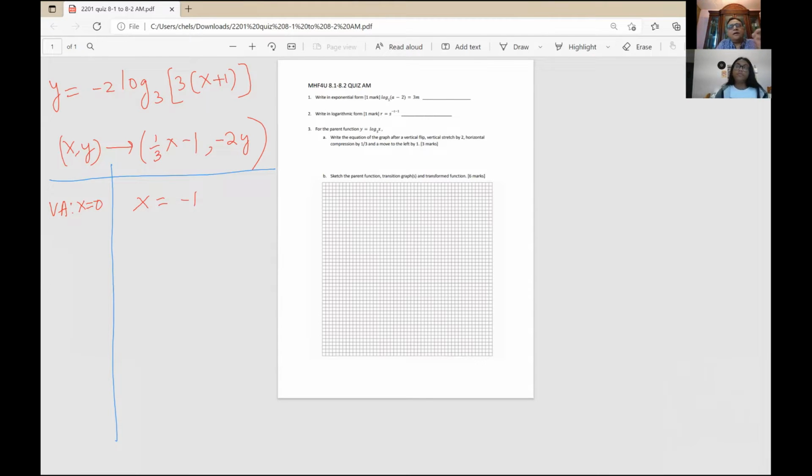Now, for every logarithmic function, the x-intercept is only at 1. So if x equals 1, y is equal to 0. So when you plug in the image points, the x value becomes 1/3 minus 1, which is minus 2/3, and the y value is 0.